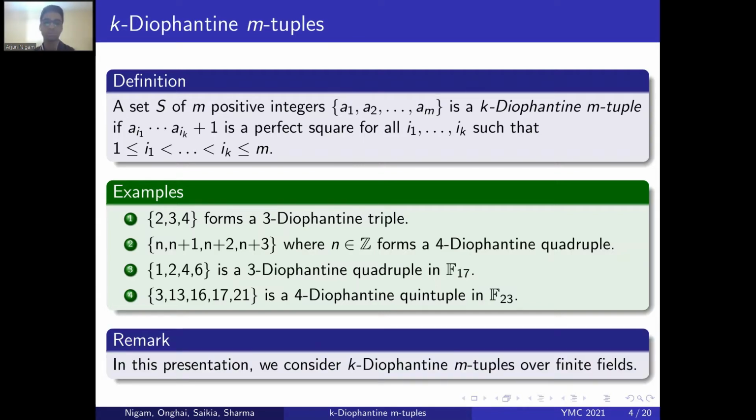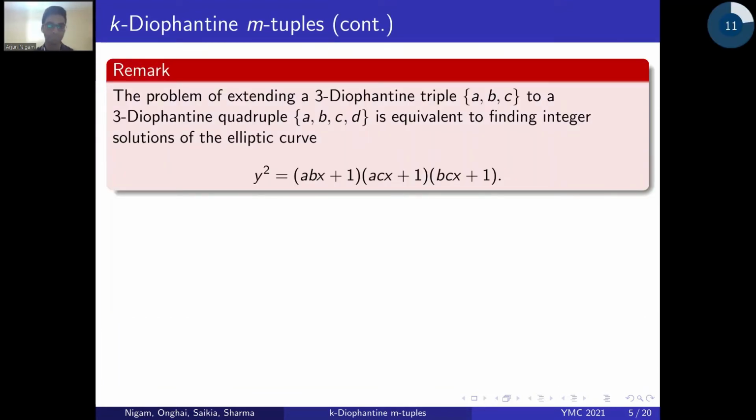So as I mentioned earlier, in this presentation, we're mainly concerned with k-Diophantine m-tuples over finite fields. Just as a remark, it's actually not a very trivial problem to understand 3-Diophantine triples, or in general k-Diophantine m-tuples.